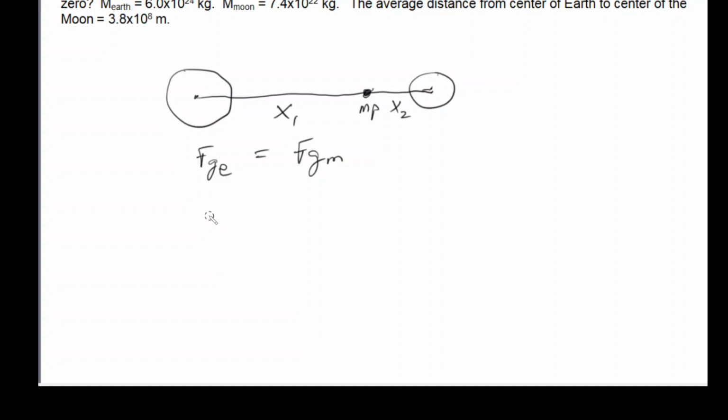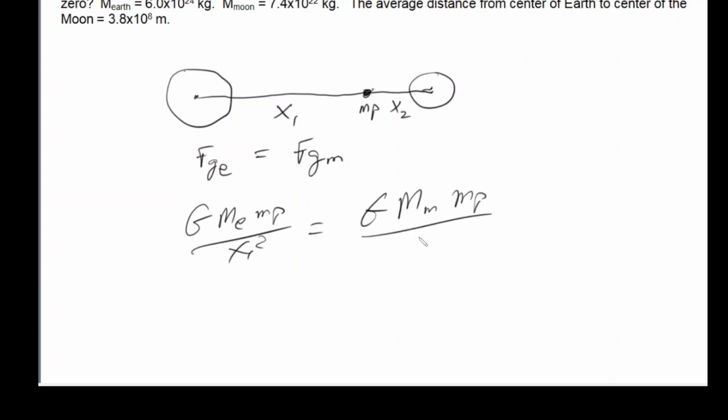So let's put these equations in. We get G times the mass of the Earth times the mass of the person over x1 squared equals G times the mass of the Moon times the mass of the person over x2 squared.